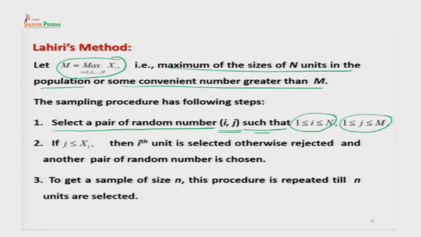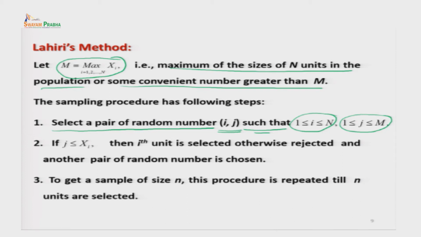Small i is an integer, because you are going to assign every unit an integer. If there are capital N units, you assign capital N integers to the units, and j depends on the size, so that is not necessarily an integer.